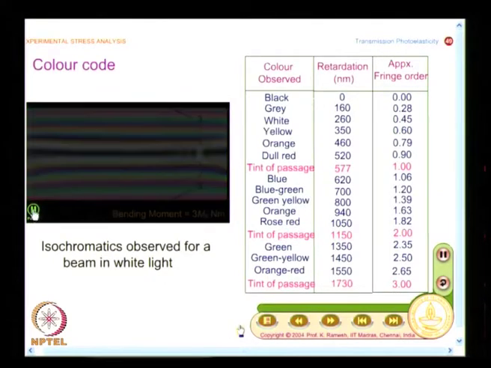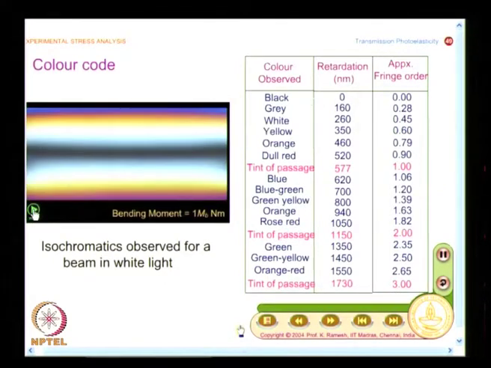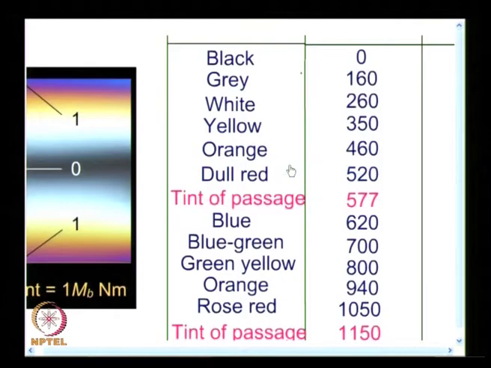So what I am going to do is, I am going to have the 0th fringe order, and then we will see closely some of these colors. So what I have is black, gray, white, yellow, orange, then dull red and tint of passage. You see here I have black, I have gray, and then I have white, I have a tinge of yellow, I see orange, I see dull red.